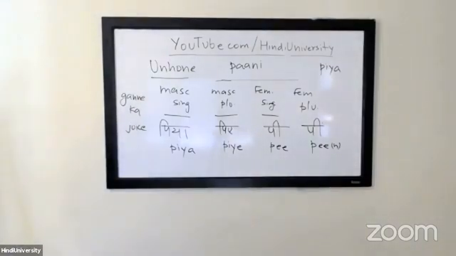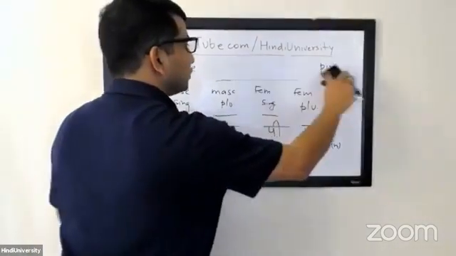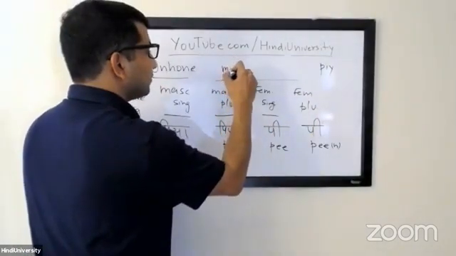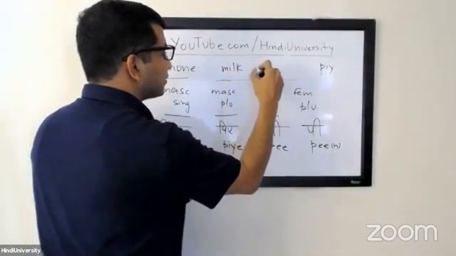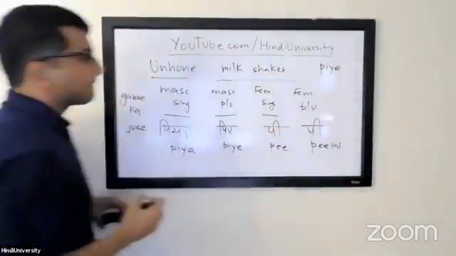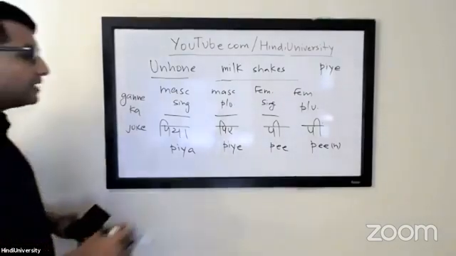Now, if I have to give an example of masculine plural, I can give an English one. Unhone milkshakes piye. Okay, unhone milkshakes piye, and that's because this is masculine plural. Let's go over an example of feminine singular and feminine plural.